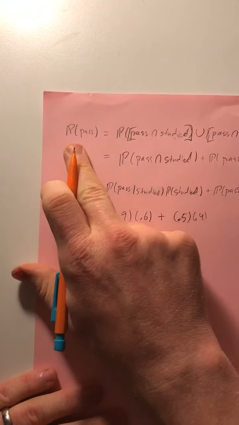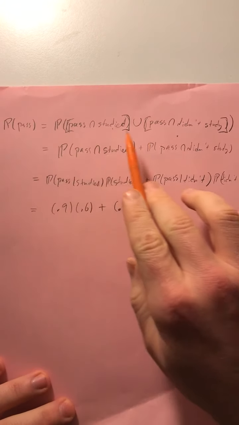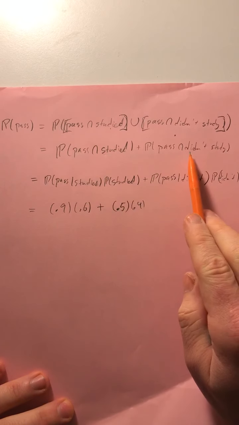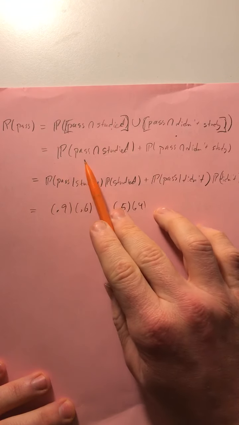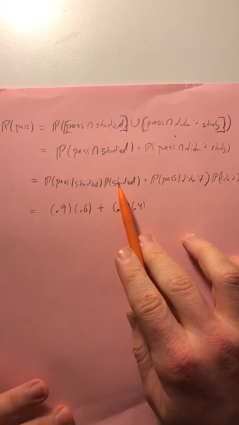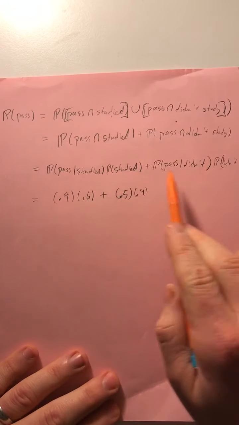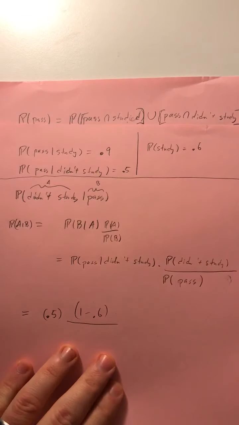So this is my probability that you passed, and here I'm using a few different things. I take the pass and split it up into two disjoint events, and then separate. Then, in order to compute probabilities of intersections, I use the definition of conditional probability, and now I plug in the given information. All four of the things on this line are contained in these three given pieces of information.